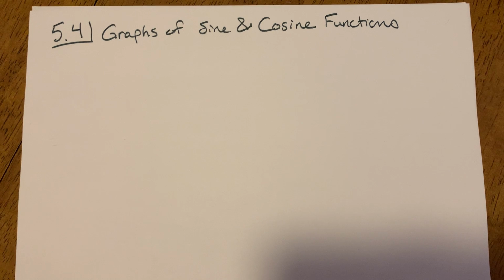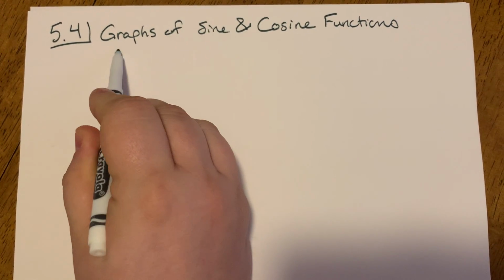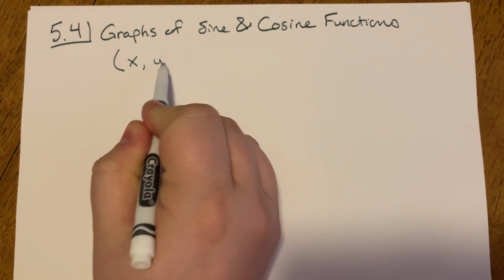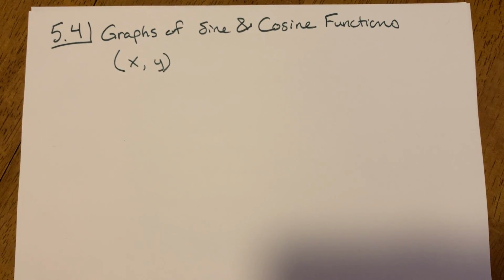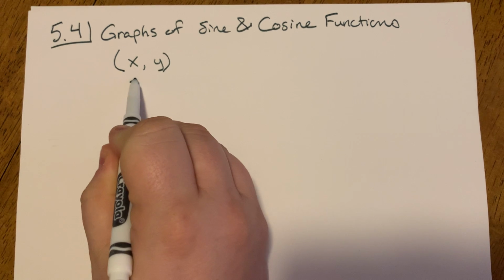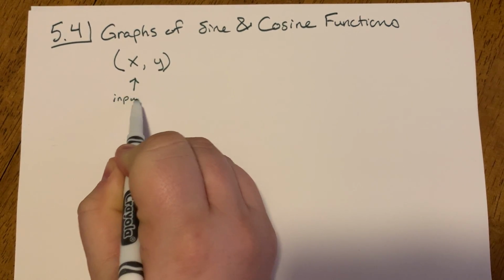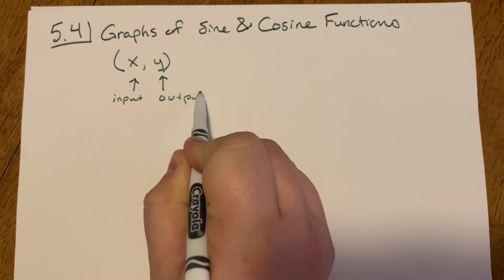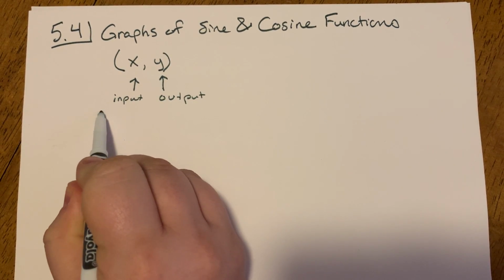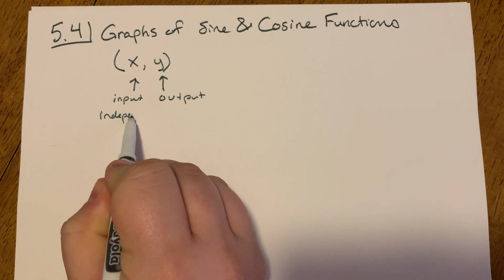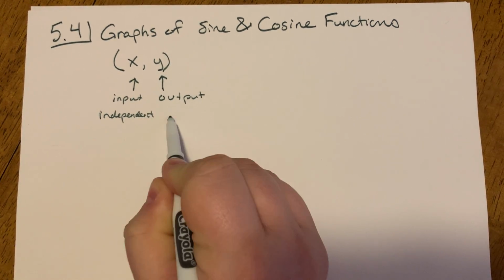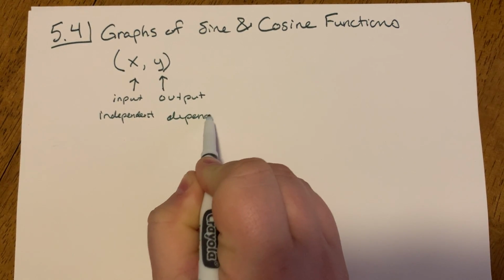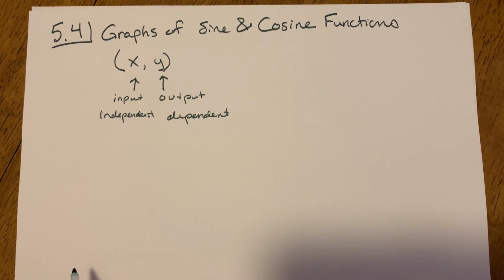Remember back when we started talking about our Cartesian coordinate plane and graphs, we used our ordered pair x comma y. And x always referred to our input and y referred to our output. These we also called our independent and dependent variables, right?